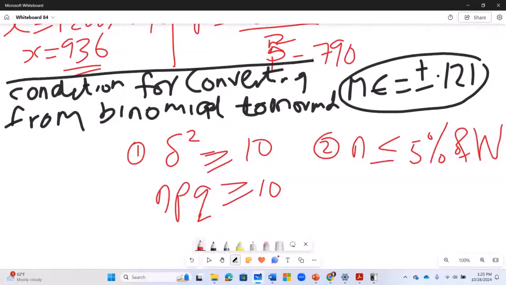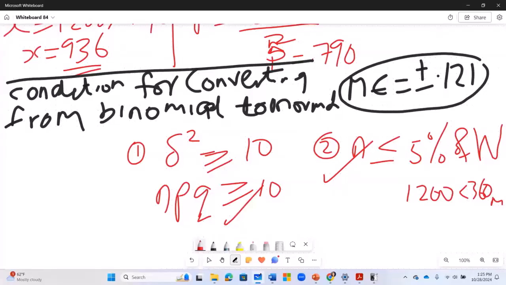And by the way, the population here is 1,200, which is definitely less than 360 million. We know that. Therefore, condition number two is satisfied. We can check for condition number one. It is satisfied, but let's do that.